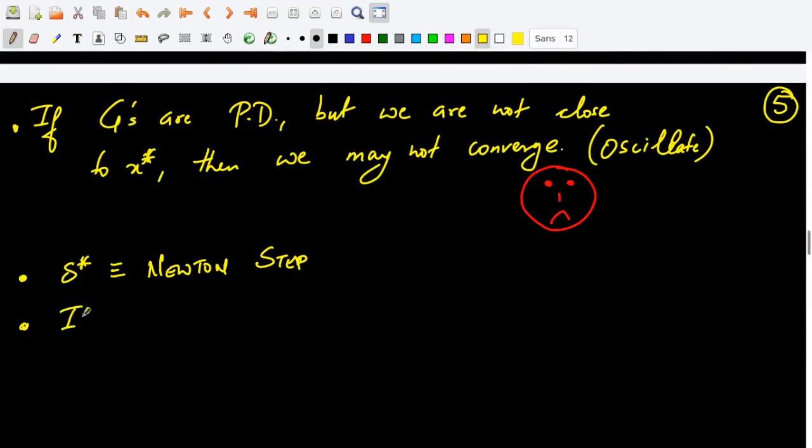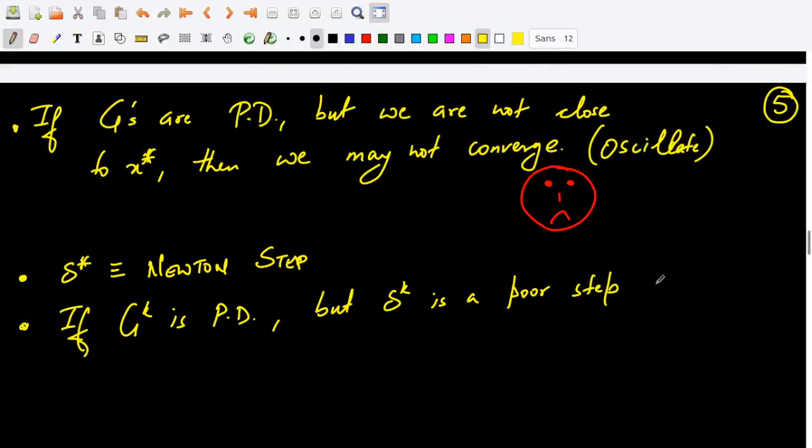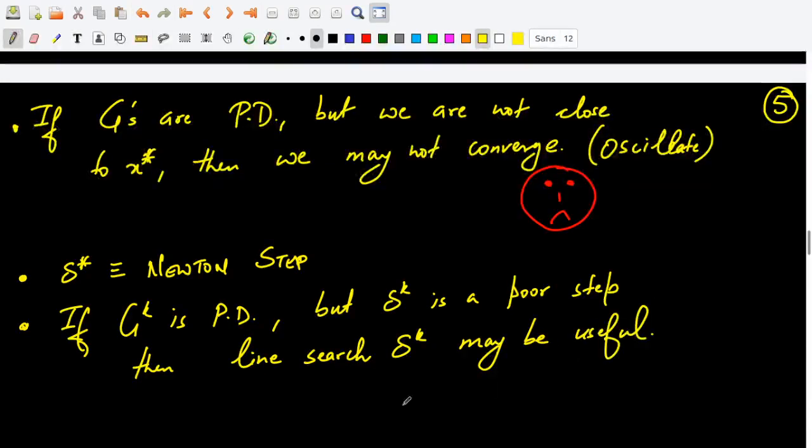So if gk is positive definite, but delta k is a poor step, that means my function is not decreasing, then we can do a line search along delta, which may be useful.